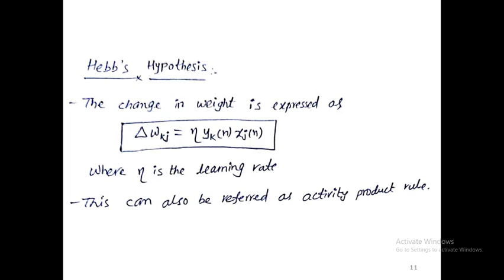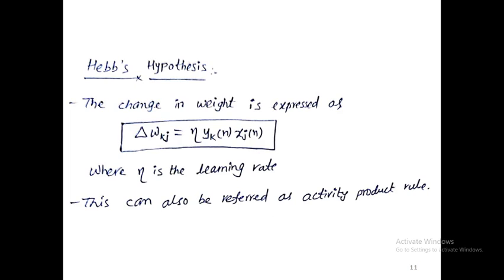So what is Hebb's hypothesis? The change in weight is expressed as delta Wkj equal to eta times Yk of n times Xj of n. Here eta represents the learning rate, Yk of n is the postsynaptic signal, and Xj of n is the presynaptic signal.